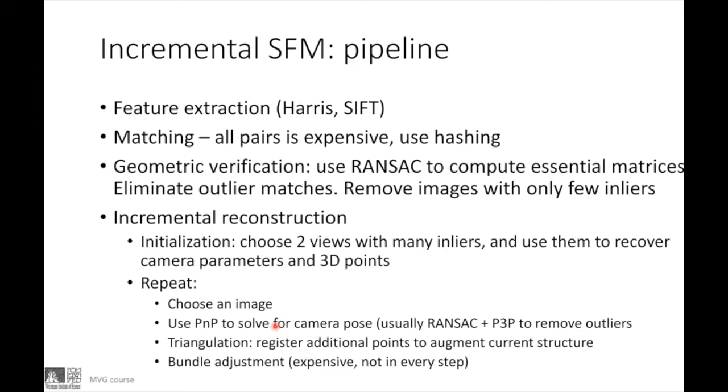Let's take the first step. In initialization, we took image 1 and image 2. We took pairwise correspondences, and we compute the second camera with respect to the first camera. So the first camera is the identity, 0.